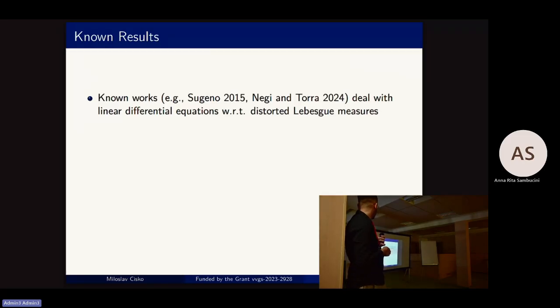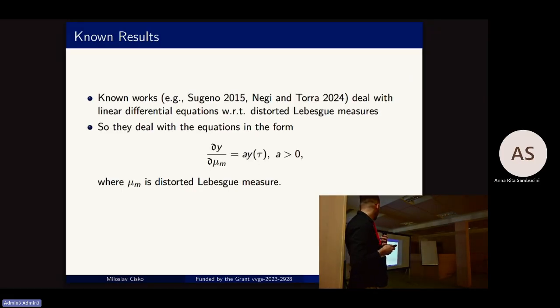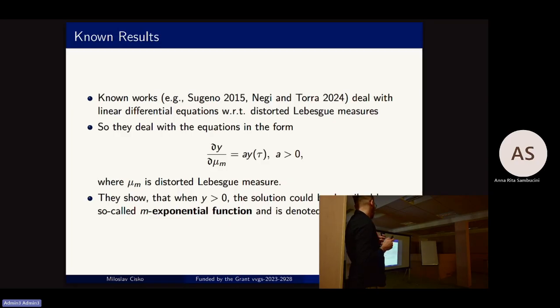So what is known in this part? Sugeno in 2015 and Nagy and Tora in 2024 dealt with the linear differential equation with respect to distorted Lebesgue measures. And they found out that this equation has a solution, which is the so-called M exponential function. They proved only that the solution exists.